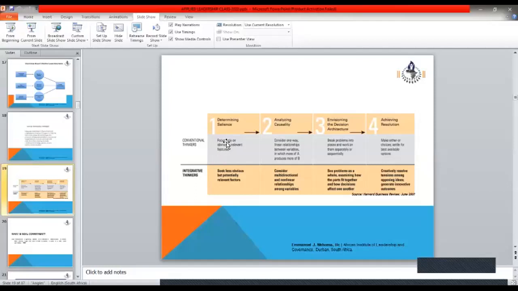Conventional thinker: determining salience, analyzing causality, architecting decisions, and achieving resolutions. We will look at all that, and I will send that to you so we can all be in one place.